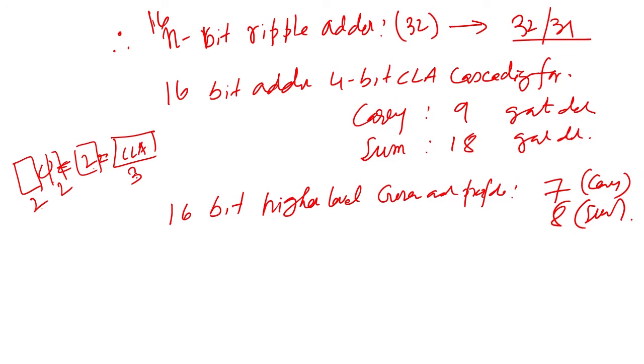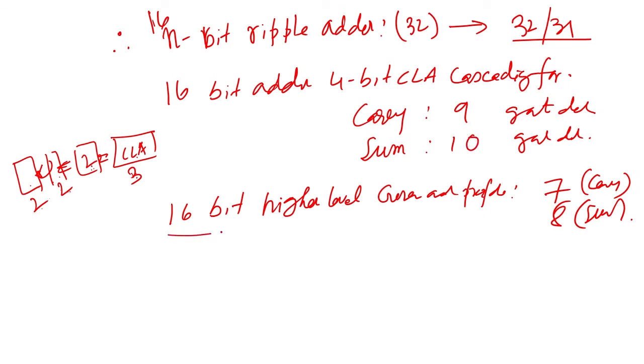After reaching here, it will take 2 plus 1, 3. So, that is 3 plus 2 plus 2 plus 3, how much? 5, 5 to 7 plus 1. So, it will be 10 gate delays.